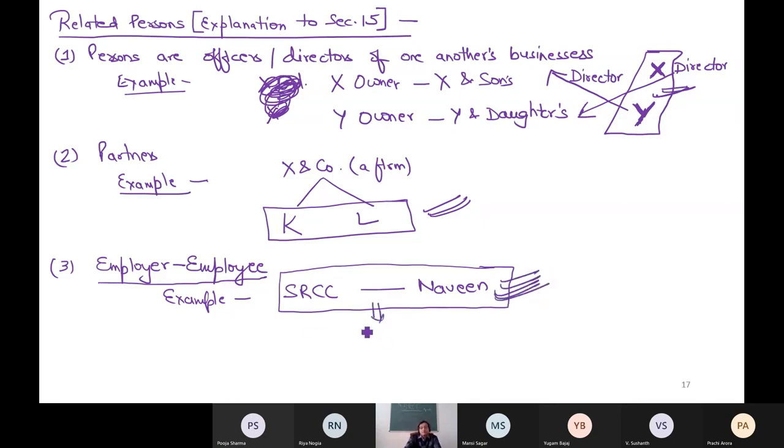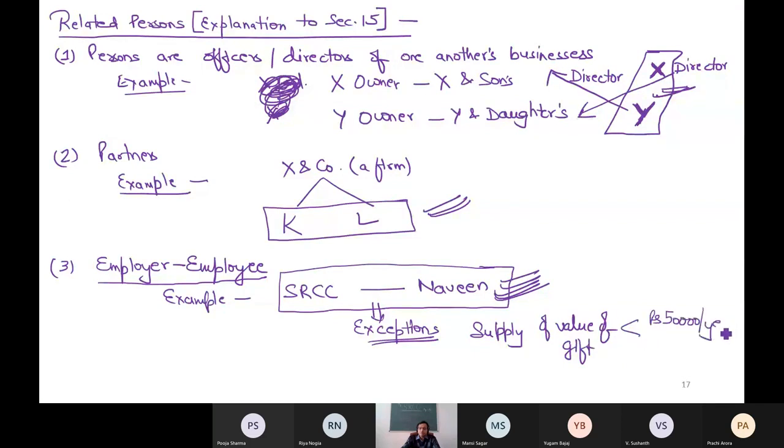However, there is an exception between employer and employee. What is that exception? Supply of gifts up to a value of 50,000 per year is not supply.